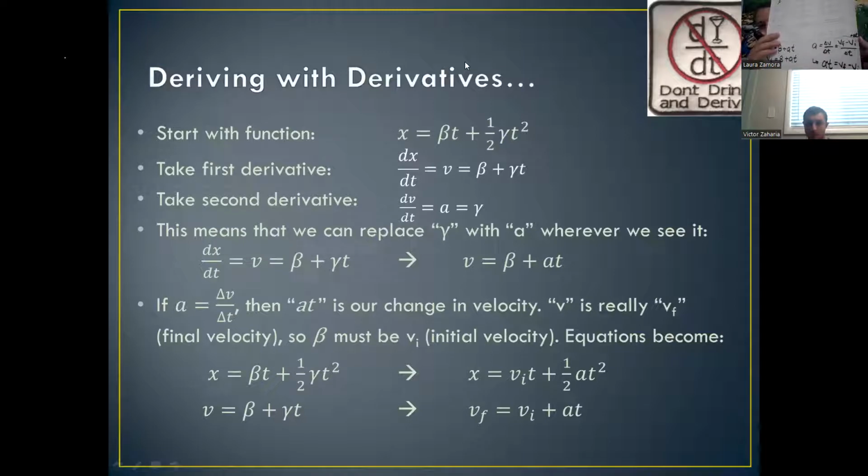Sorry, it's getting kind of squished here. When you have something on the top and on the bottom, you can cancel it out. If we do that, we also have to write that on the other side too. So we multiply both sides of the equation by delta t. That way we can cancel it out on this side of the equal sign, and we're left with just vf minus vi equals a times delta t, is what we have here.